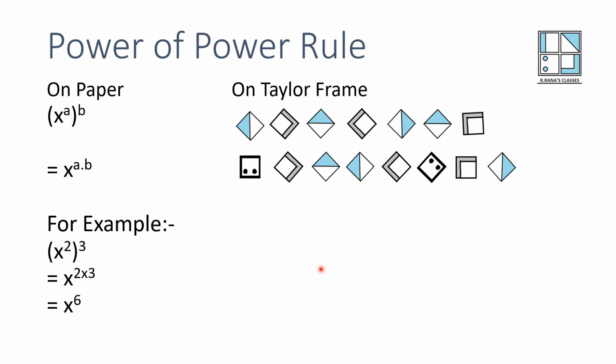For example, x squared whole cube. Exponents will be multiplied, 2 into 3. That means it is x raised to power 2 into 3, which is equal to x raised to power 6. Same way, we will put this in Taylor frame symbols. x squared, so this is within brackets x raised to power 2, brackets close, and then whole raised to power 3.